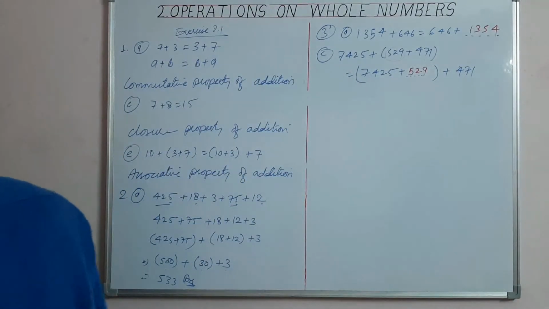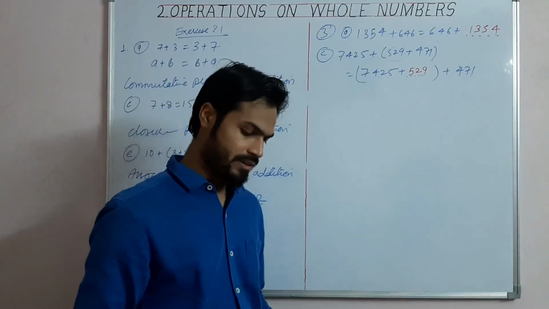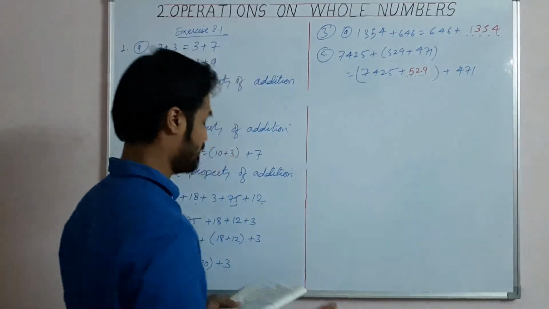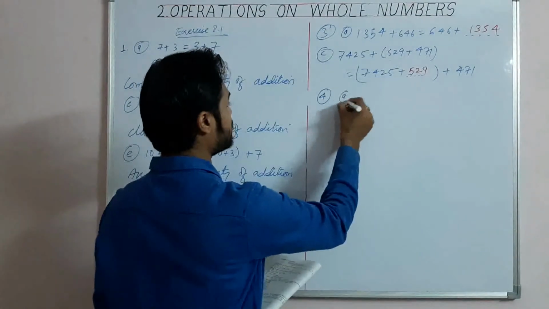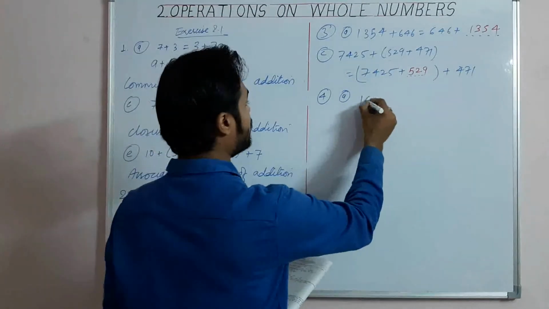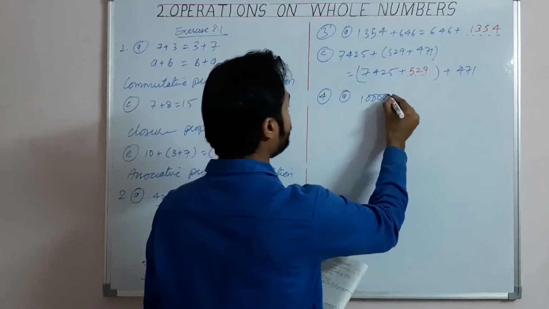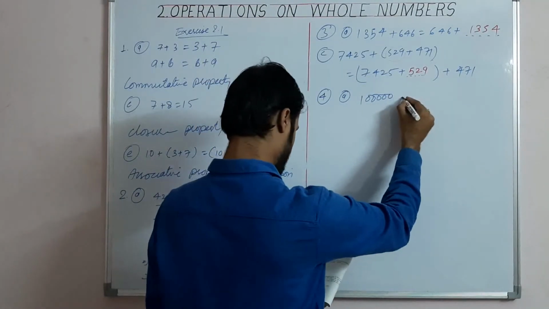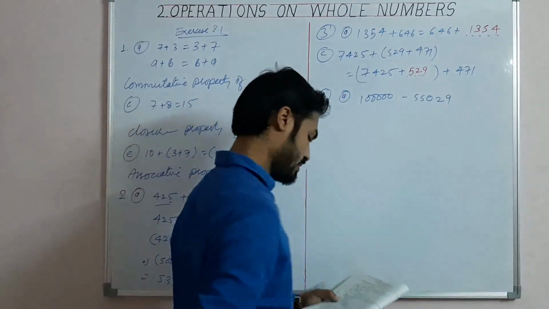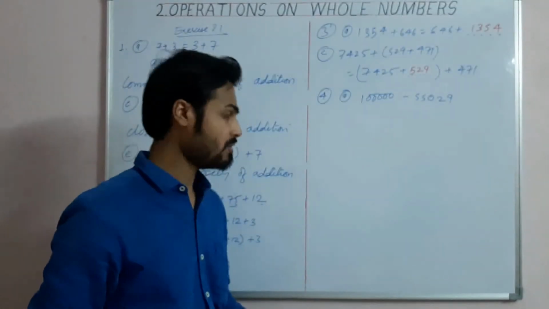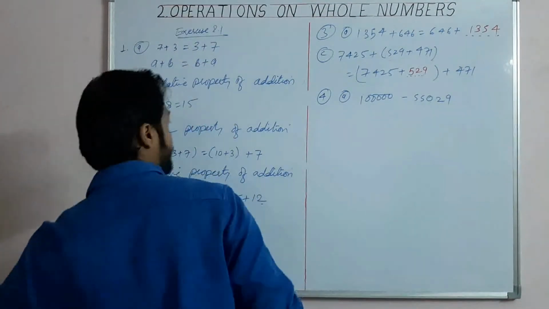Now next is, perform the following subtractions. Verify your result by corresponding additions. So writing the fourth question. The first part of the fourth question is 10000 minus 55029. Now what you have to do is, first of all perform the subtraction and then verify.